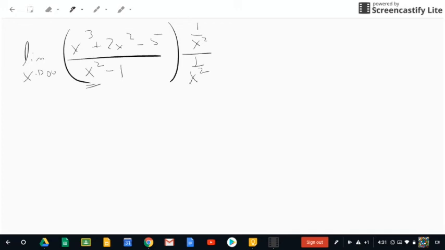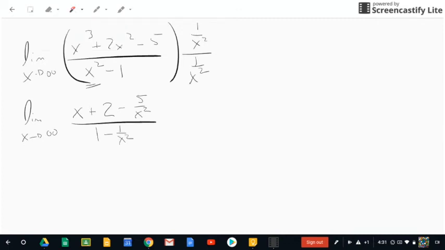Now, when I multiply that through, we're going to get the limit as x goes to infinity. Multiply that through, x cubed multiplied by 1 over x squared is going to leave me an x. Here, the x squareds will cancel, so we'll be left with 2, and then minus 5 over x squared. In the denominator, we're going to get 1 minus 1 over x squared.